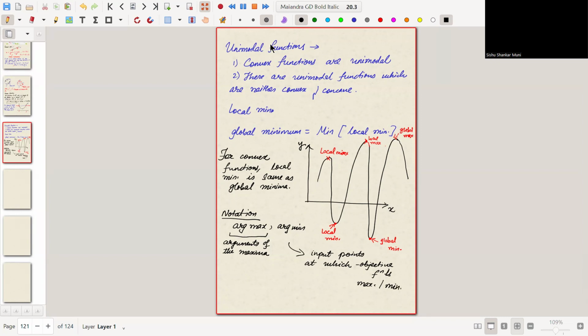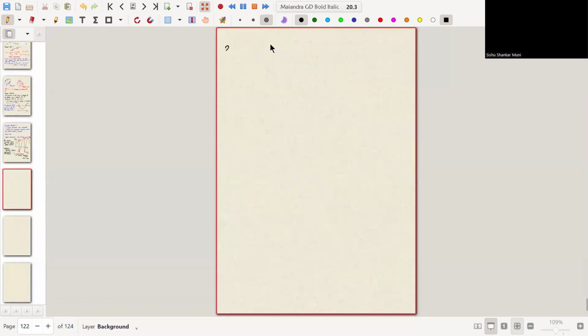Another way of saying that is the x points at which f(x) has a maximum or minimum. So that's what I mean by arg max or arg min. We will use this soon.